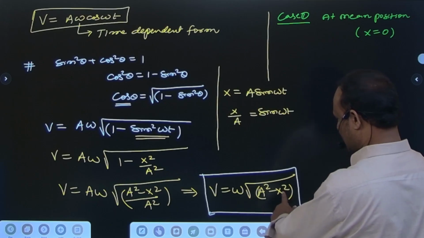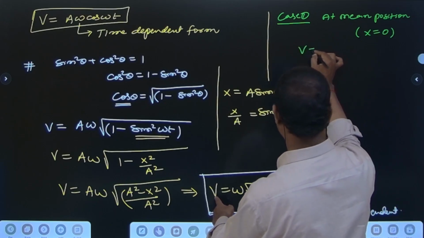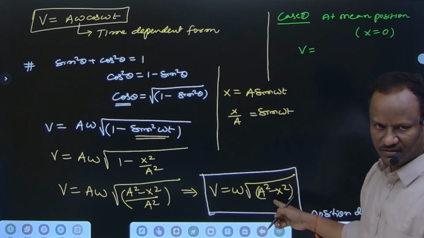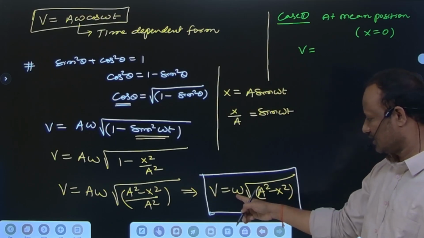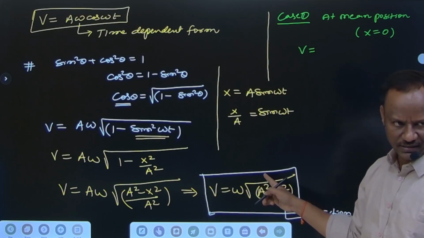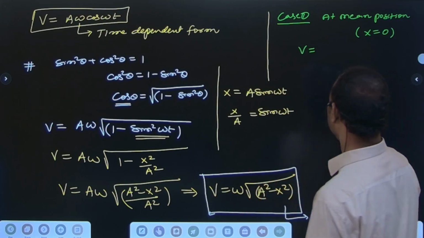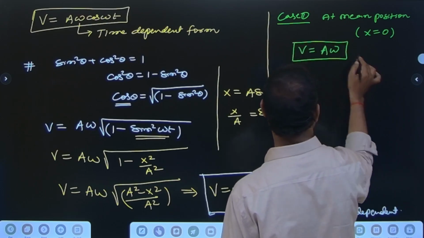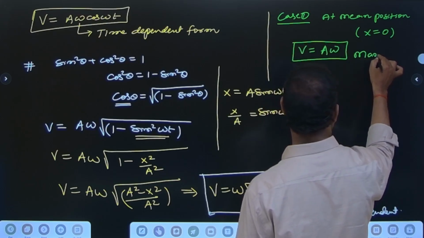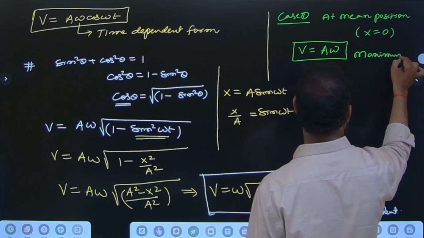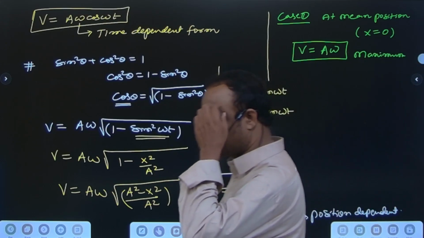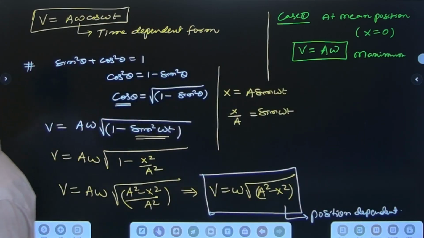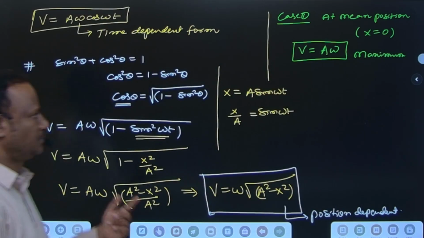In place of x, if you substitute 0, V is equal to omega under root of A square. Square root cancels, V is equal to A omega. This is the maximum velocity. So velocity is maximum at the mean position.